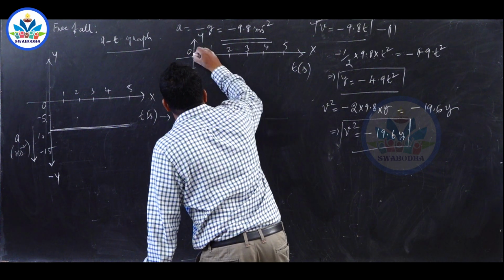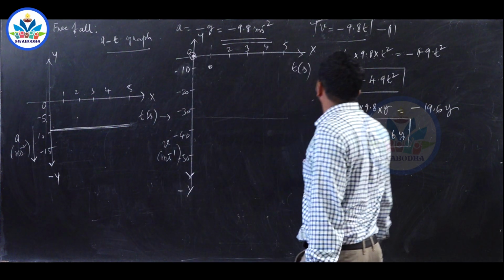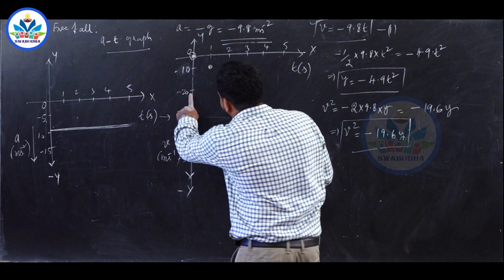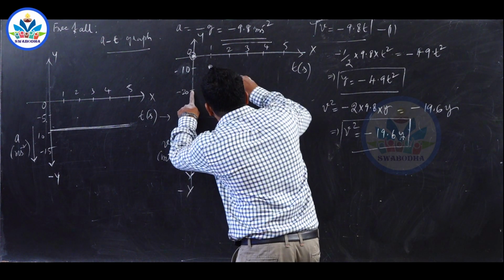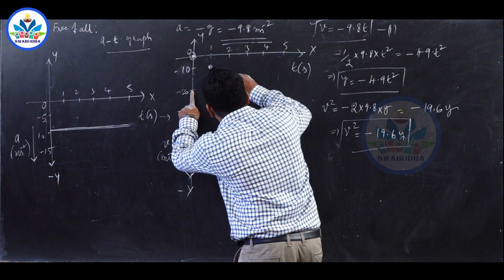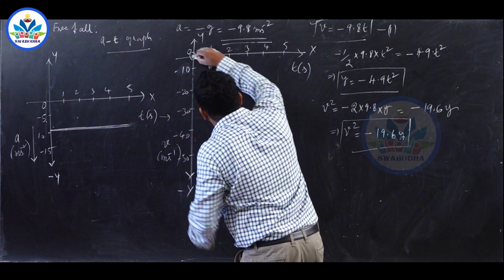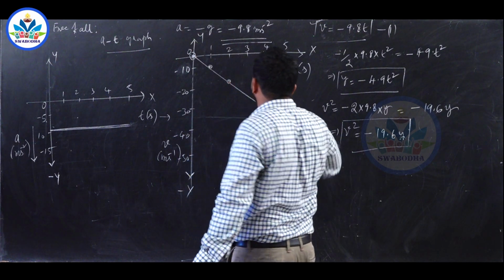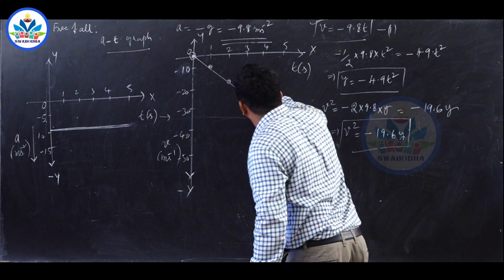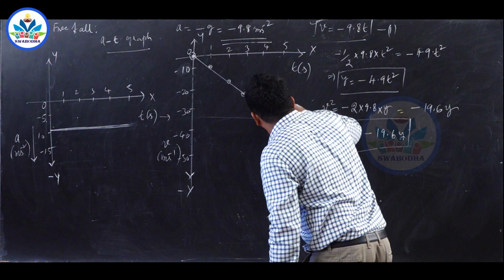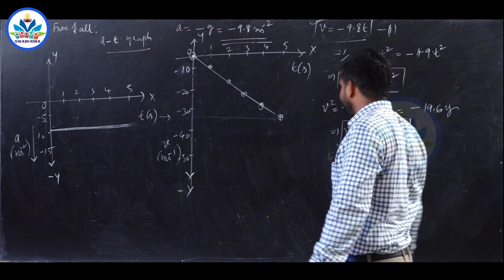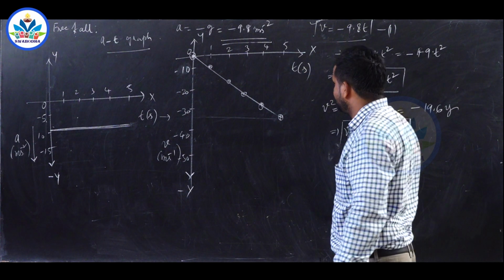This is the initial point, this is the second point, and at t equal to 2 it becomes minus 19.6, nearly 20. And the graph would be like this. It's a straight line, with a negative slope.